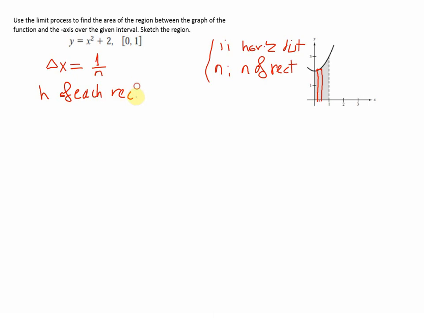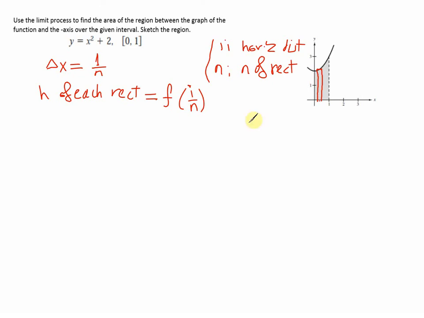So in this case, the height of each rectangle equals f of 1 over n. But in fact, this is not the height of each rectangle. It's the height of one rectangle. If I use i instead of 1, this gives us many rectangles, in fact all rectangles in this area.